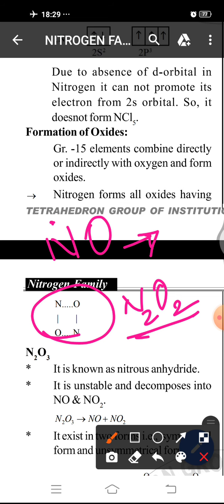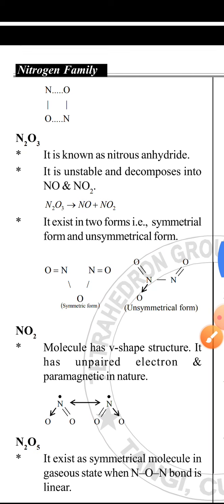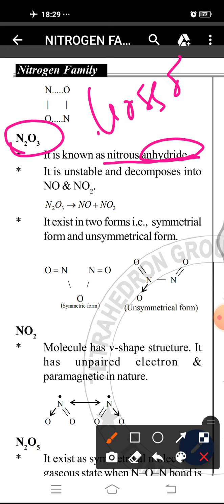Okay, next comes another oxide, N2O3. N2O3 is known as the anhydride of nitrous acid. What do we mean by anhydride? Anhydride means loss of a water molecule. What is the formula of nitrous acid?